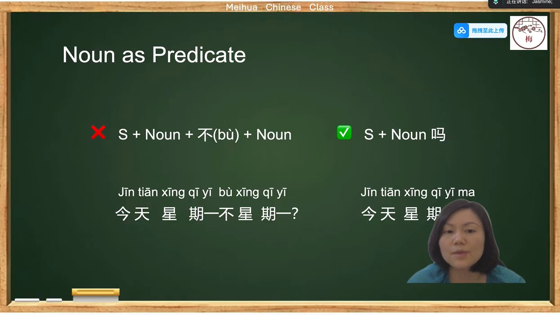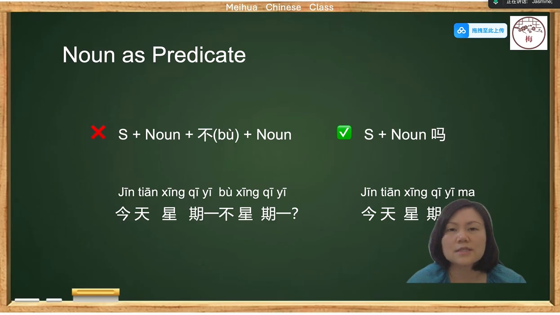Today is Monday. But in Chinese, this is valid. This is totally legal. We don't need a linking verb. 今天星期一. This doesn't mean the other one is wrong. For example, 今天是星期一. That is also valid. But without the linking verb, it also makes sense.